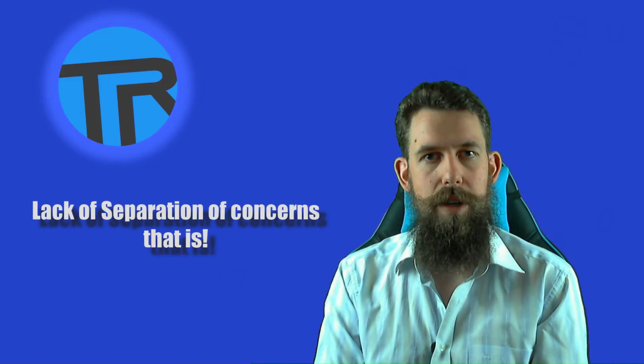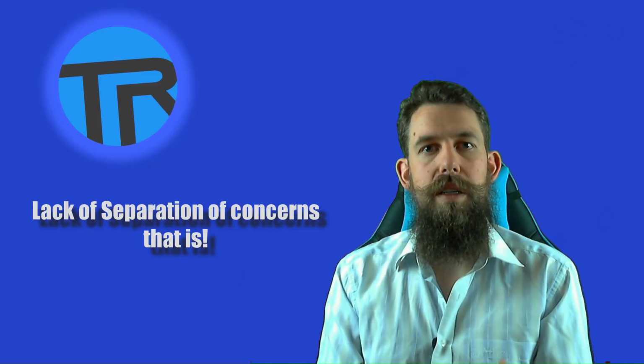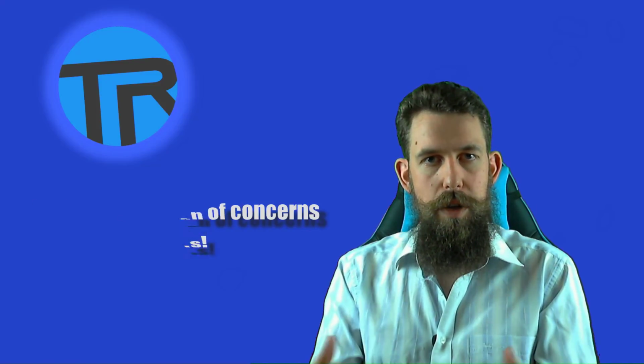So what you're really talking about here is feeling uncomfortable about there being a lack of separation of concerns, which really, that's not entirely true, but let's say for the sake of argument that it is true. Even then, what you've got here is a development decision that you need to make, and we make many of these throughout our career.